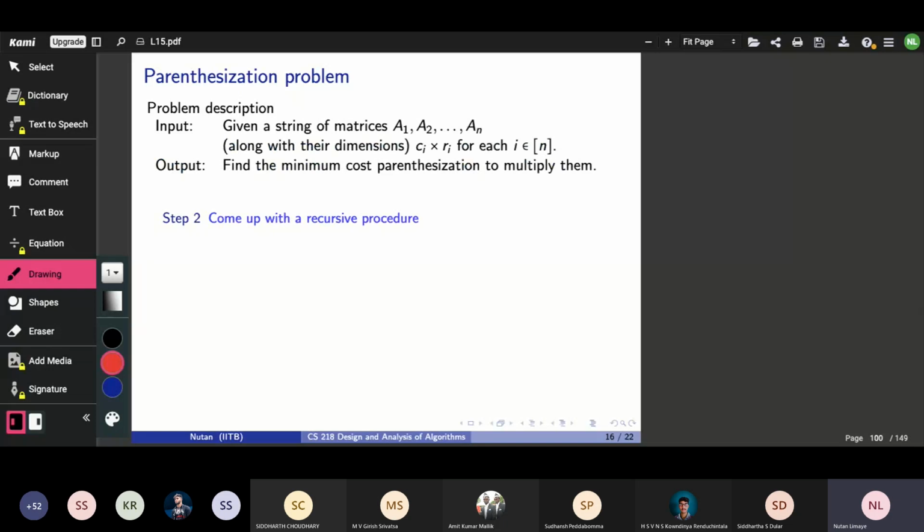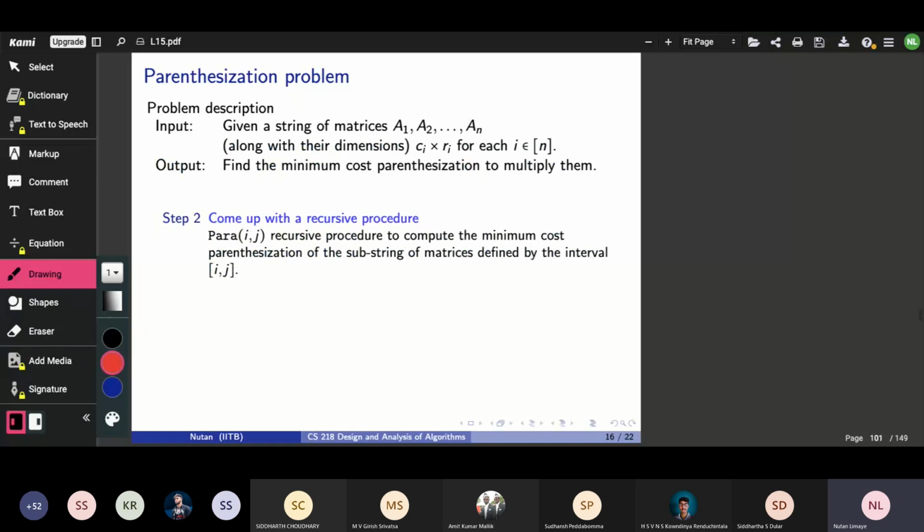So, step number 2 is to come up with a recursive procedure. Let me call the recursive procedure para of i, j. What is this recursive procedure? It computes the minimum cost parenthesization of the subinterval of matrices defined by the interval i to j, both i and j included. We will assume that i is strictly less than j.